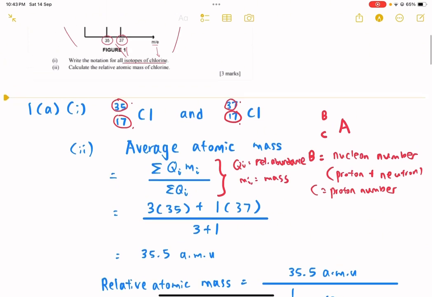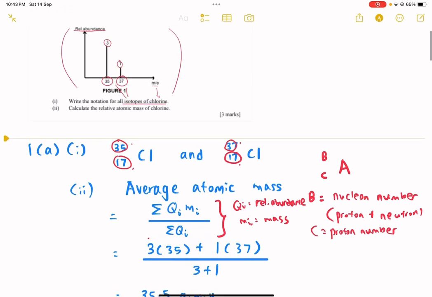So here, 3 times 35, plus 1 times 37, over 3 plus 1. This one is 3 plus 1, but not 100%, because not every case will be 100%.